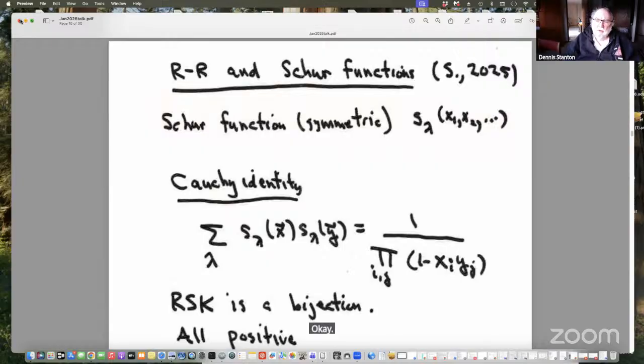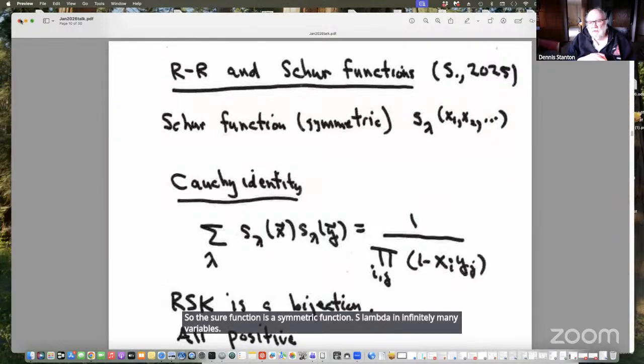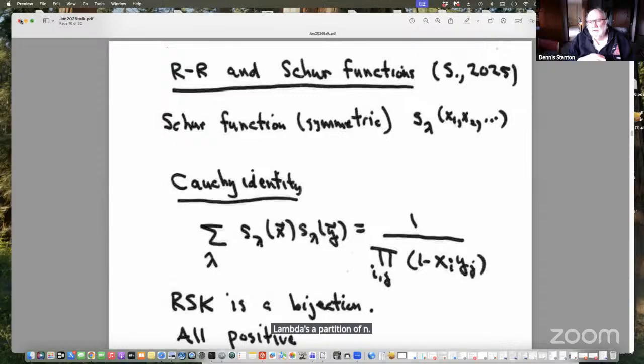Okay, let's go to the second topic with Rogers-Ramanujan, and this has to do with Schur functions. So the Schur function is a symmetric function S lambda in infinitely many variables. Lambda is a partition of n, and the x's are arbitrary parameters.